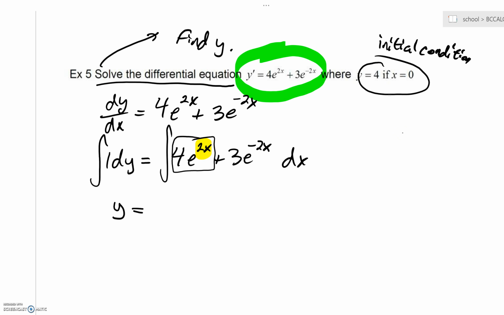And honestly, at this point, what we are really dealing with is undoing the chain rule. If we took a derivative of e to the 2x, of course, we'd get e to the 2x multiplied by the derivative of the inside, we get a 2. If we're reversing the chain rule, we're not going to multiply by 2, we're going to divide by 2. And that's exactly what's going to happen.